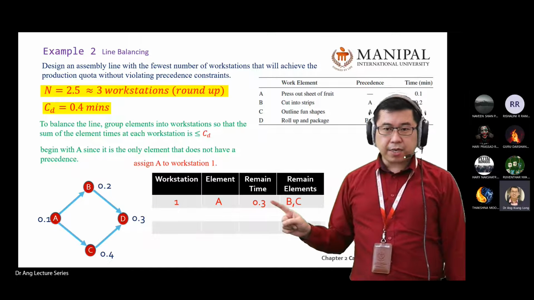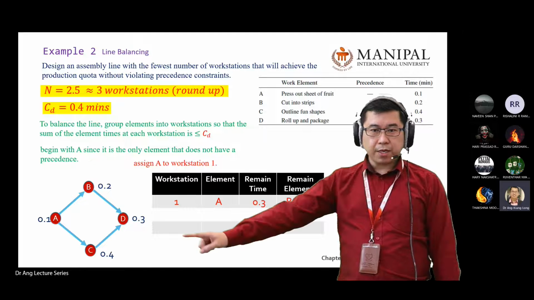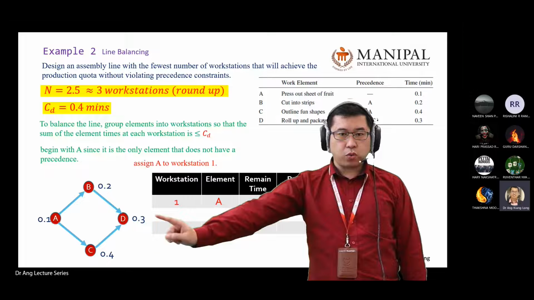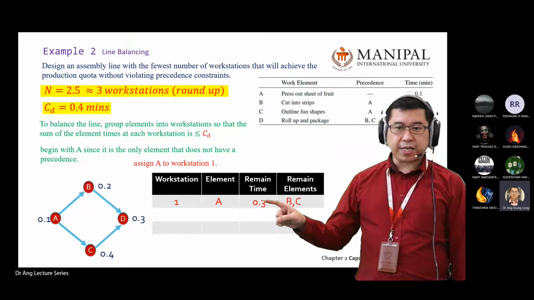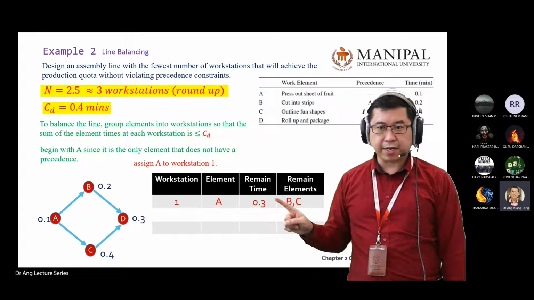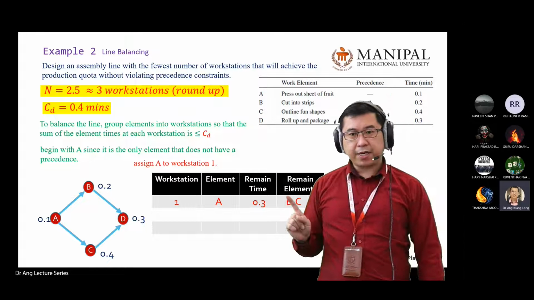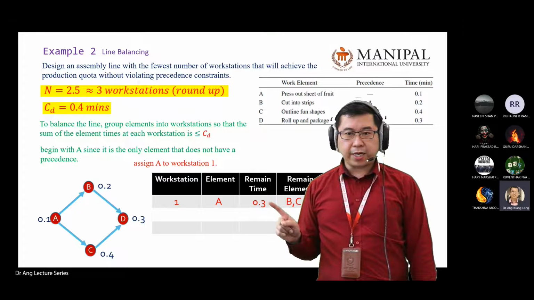So the remaining time is 0.3. You look at B and C. One is 0.2, one is 0.4. The time you can fit inside station 1 must be less than the remaining time. It can use up all this balance, or it cannot be more than this.